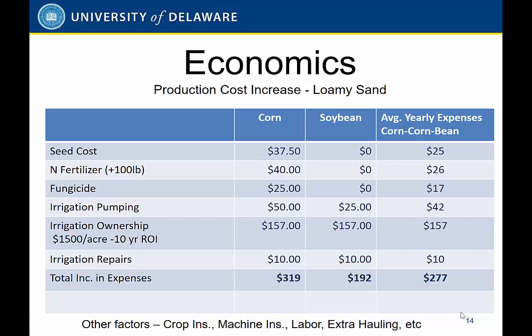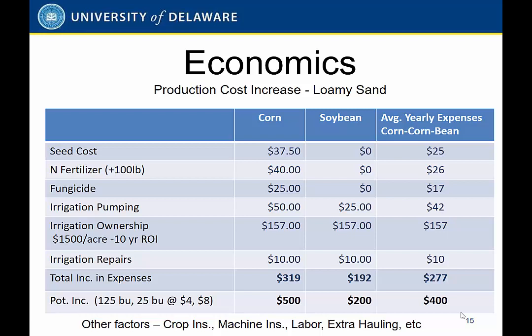If we assume loamy sand will give us a potential yield increase when we irrigate it of, say, 125 bushels of corn and another 25 bushels of soybeans in that third year, and $4 corn, $8 beans, I understand they're not always going to be the case, we're going to see a return of about $400 for a $277 investment. So you're going to be in the good by $133 in that scenario, assuming all these estimates are right.